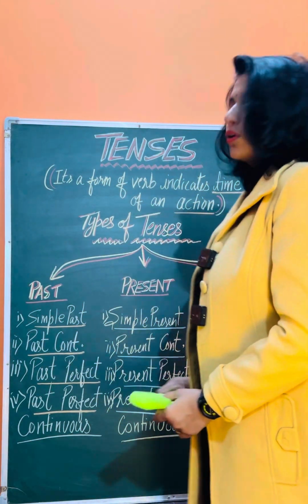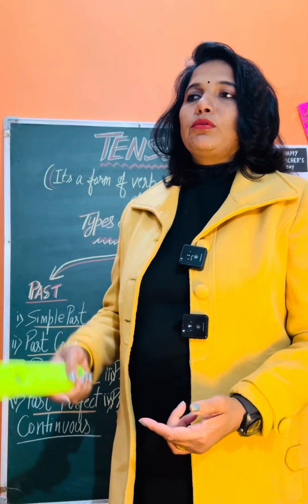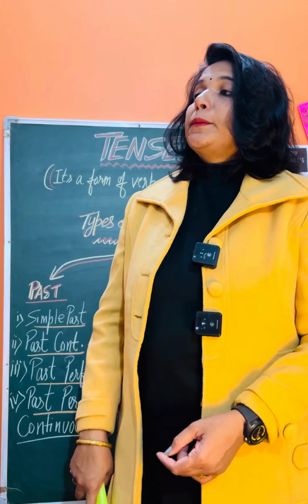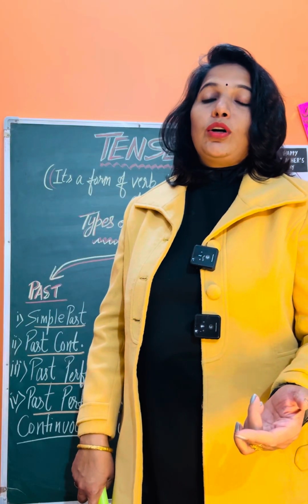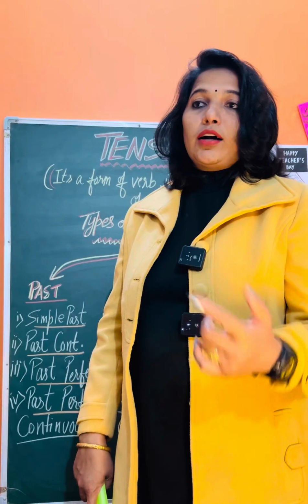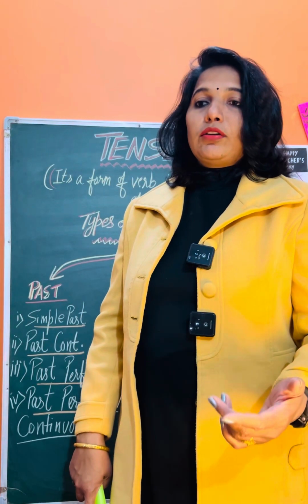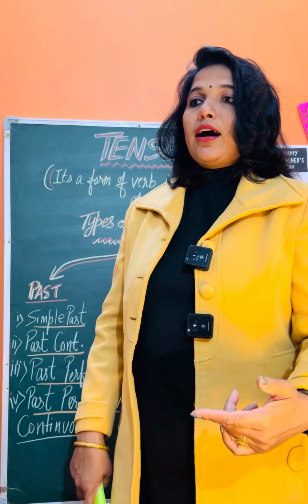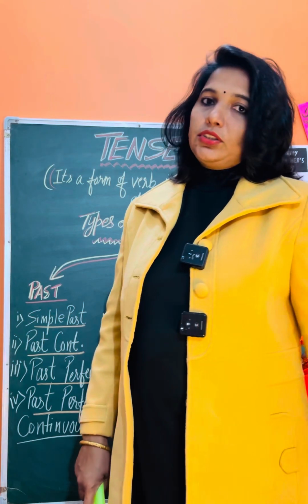Then present perfect continuous. For that again you need to mention some work which is in the process in current time, in progress, and likewise I am teaching you for 30 minutes. You have been studying since morning. I have been teaching you for 30 minutes, like that.